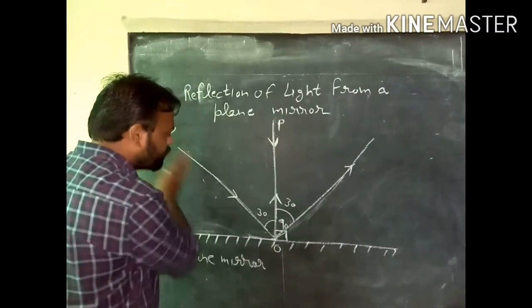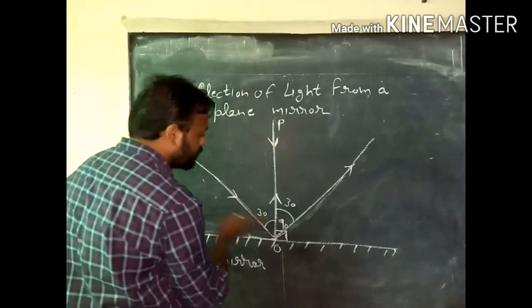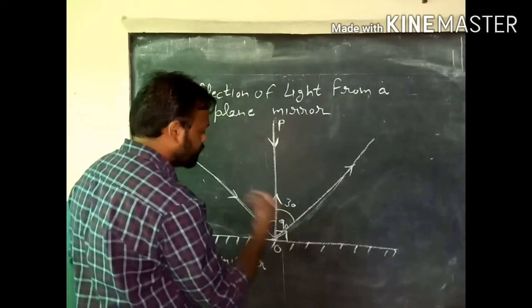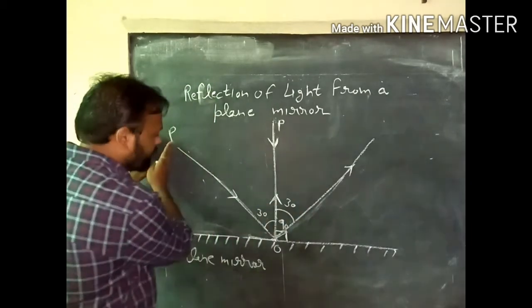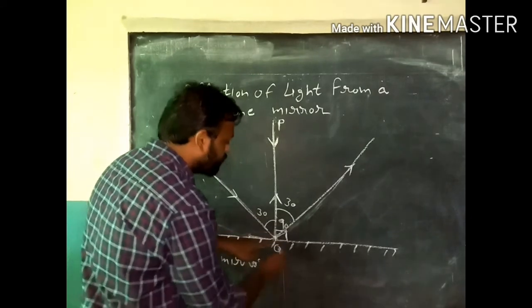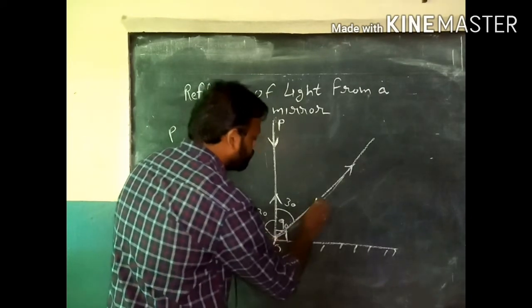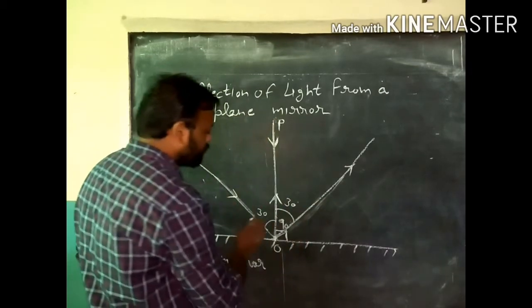But if the light ray is falling at less than 90 degrees, means the angle of incidence is 30 or 40 or 60, you can take any angle, then it follows the laws of reflection. The light ray falls from this direction, strikes at the point of incidence, then gets reflected back at the same angle, means at an angle of 30 degrees.